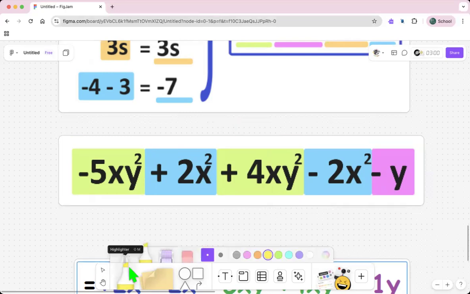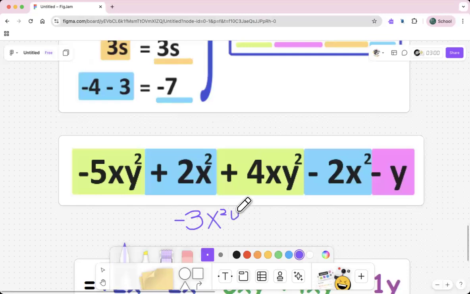Just want to show you one thing here. If I had the term, let's make that negative 3x squared y to the power of 1. Okay?